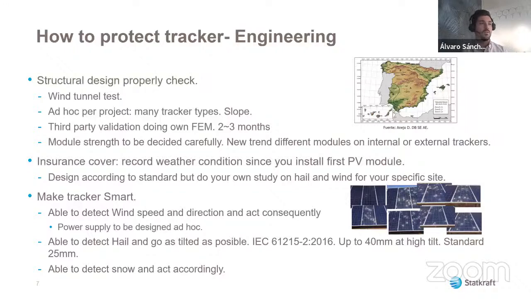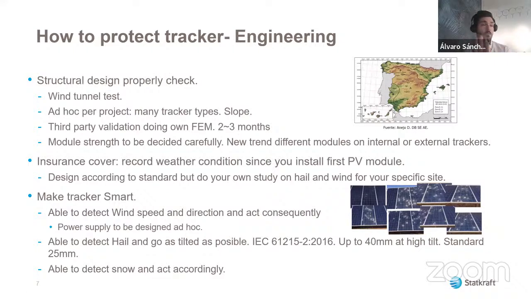You cannot do a structural tracker calculation for your whole pipeline. It has to be done for every single project. It's also worth mentioning that in general the tracker suppliers have quite different trackers, so every tracker has to be looked at separately and properly. Sometimes you have external trackers and internal trackers, with different loads and sometimes different configurations.